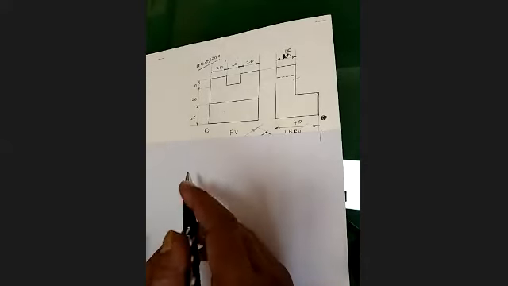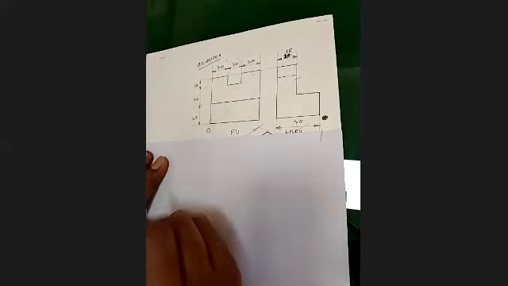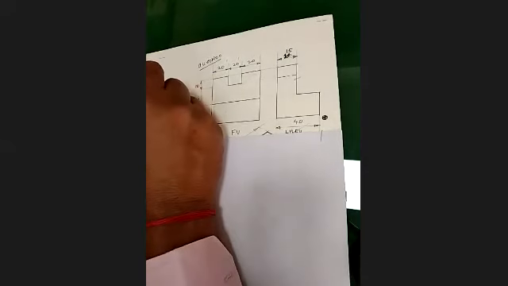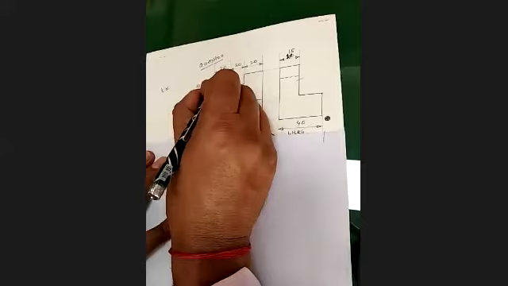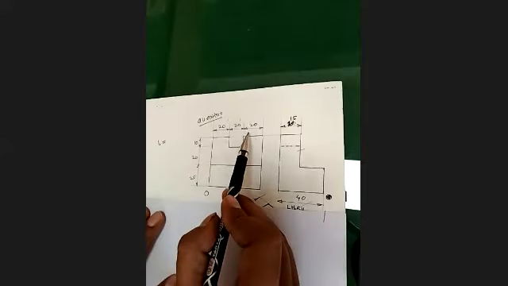Okay. So this is problem number 2 on isometric projections. Some of you can respond to me. How much is the length for this? Yes, please. Length 60 millimeter. 20 plus this 20 plus this 20 becomes 60. Length is 60.